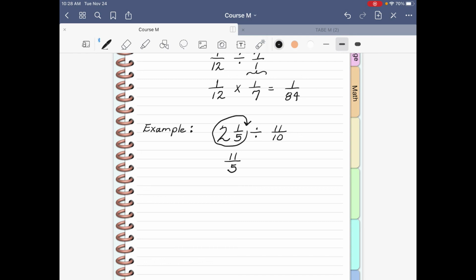There are no whole numbers. Flip the fraction that follows. Multiply. In this one, I can cancel. The 11s cancel each other to 1s. 5 into 5 is 1. 5 into 10 is 2. 2 over 1. Simplify is 2.